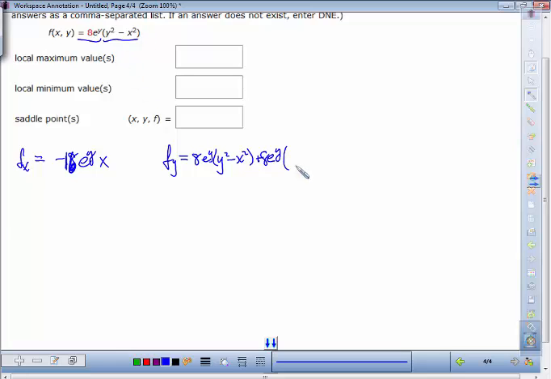So the derivative of the second is just 2y. The x squared will go away. And in a lot of cases, you don't really care about simplifying, but in this case, since we're going to set this equal to 0, we probably do want to take the time to simplify a little bit.